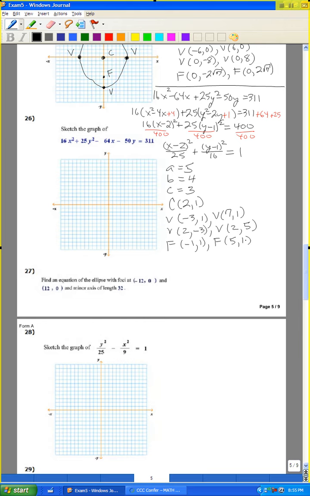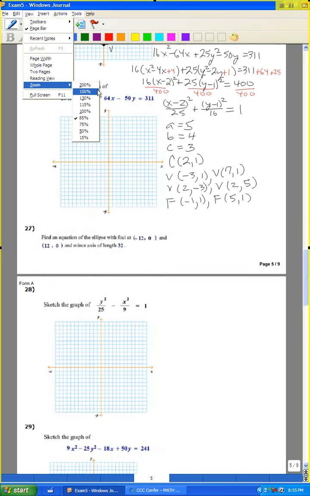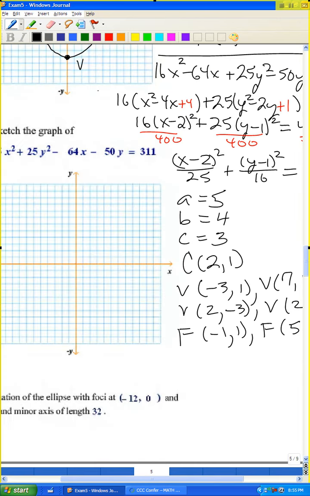Okay, let's make it a little bit bigger so I can plug these in. The center is at (2, 1).